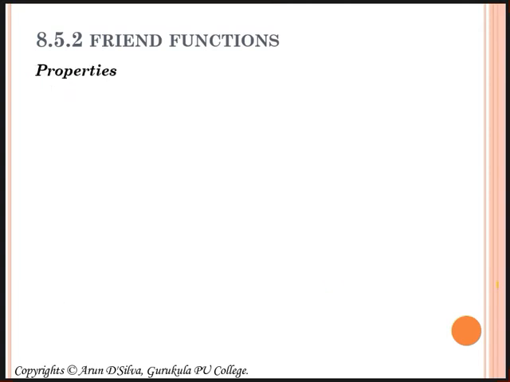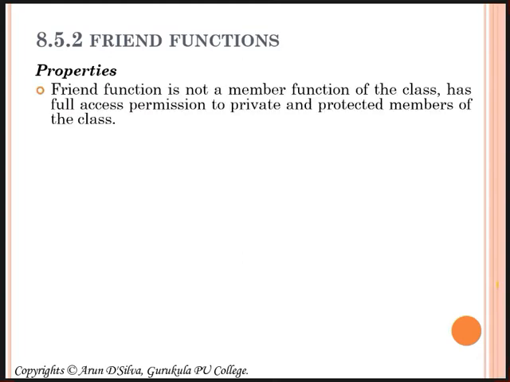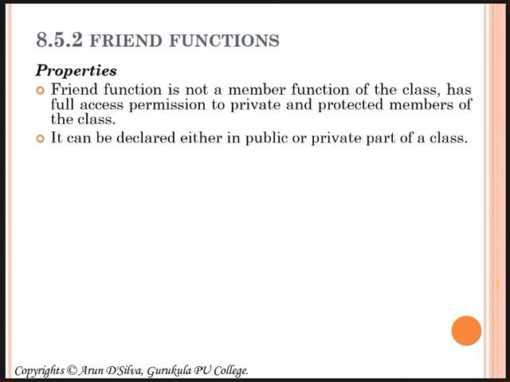Going to the example, I just wanted to keep in front of you the properties of a friend function. It's very important. A friend function is not a member function of the class and has full access permission to the private and protected members of the class. This is the first property.